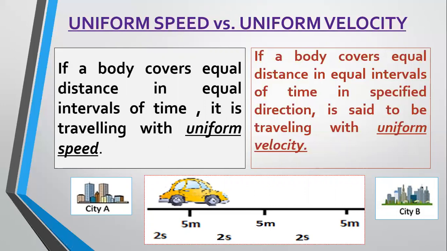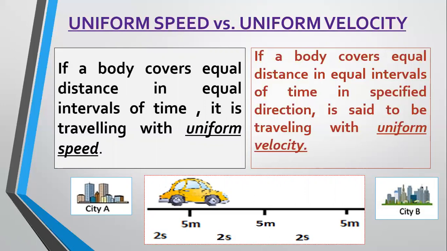Using the formula for speed, distance by time, you can calculate the speed at each interval. 5 by 2, 2.5 meter per second, 5 divided by 2, 2.5 meter per second, 5 by 2, 2.5 meter per second. It means the car was traveling with a uniform speed of 2.5 meter per second.